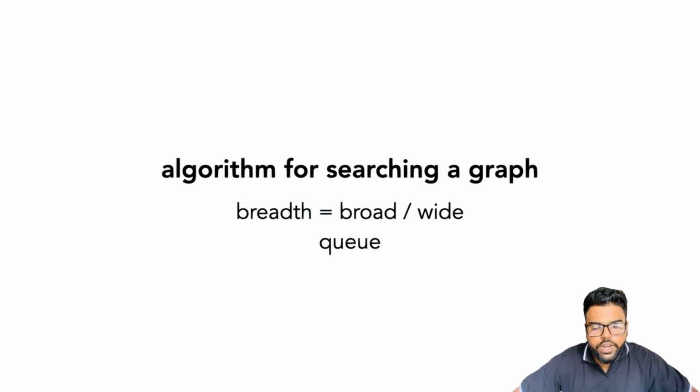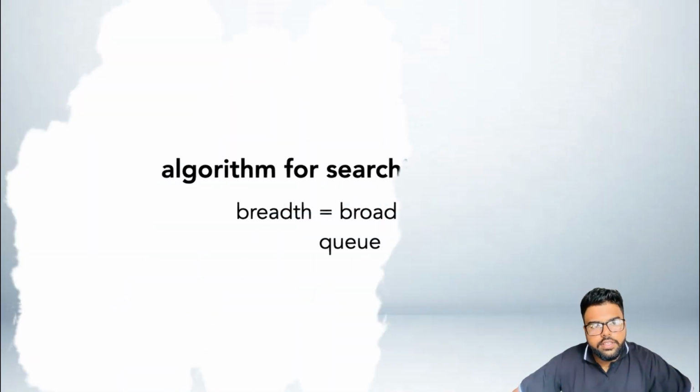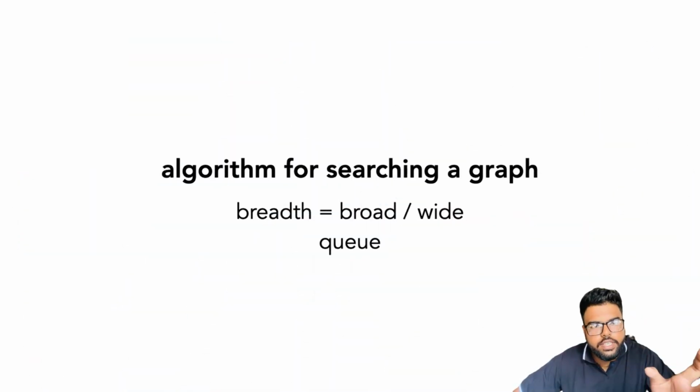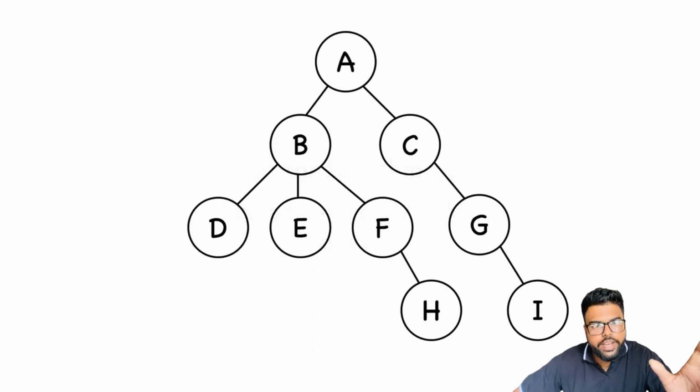First of all, what is breadth? The word breadth means broad or wide. Let's use the following tree to get a simple idea of how Breadth-First traversal works. A tree is also an undirected graph, a collection of vertices and edges. In the sample, the root node is A. You have to keep track of two things.